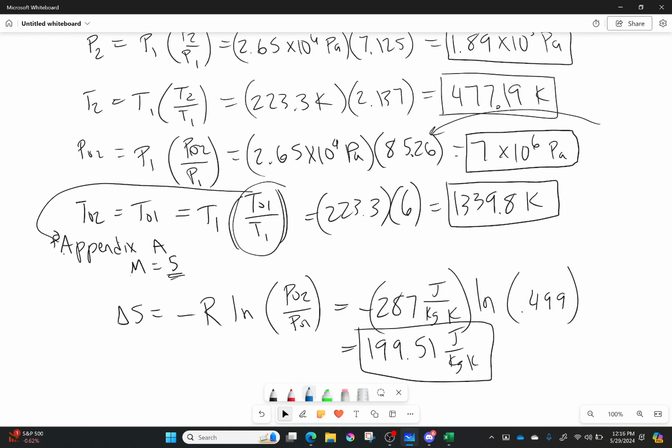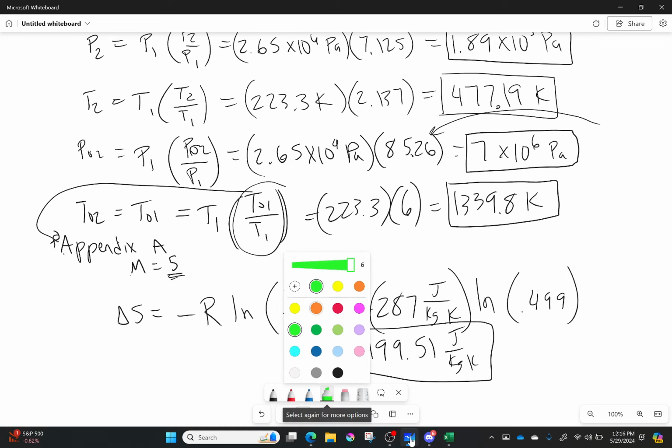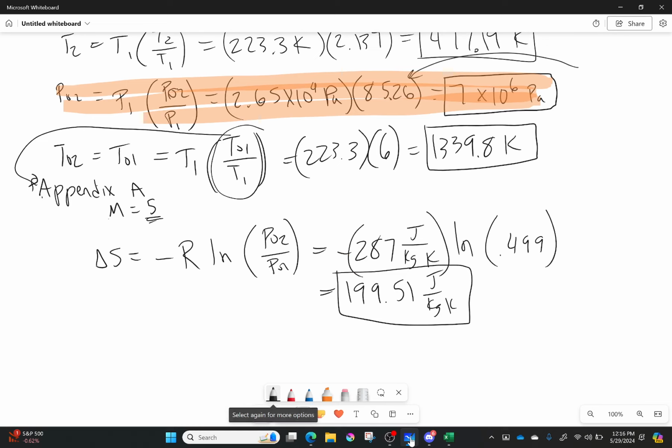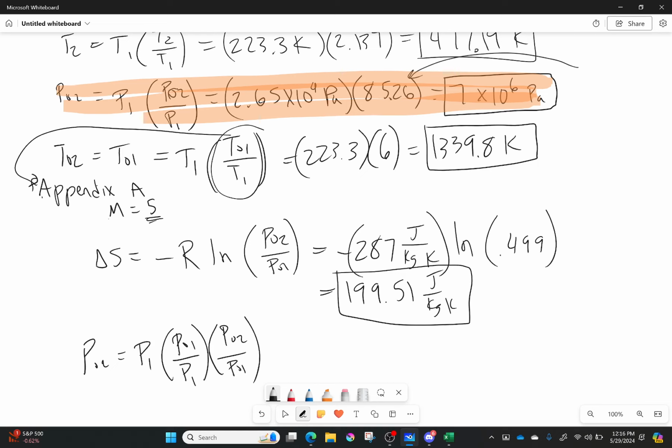Let's try this out. I'm checking this to see if it comes out with the same answer, because that number I just pulled from the solution. I didn't actually type it in my calculator, so I'll check that too. P02 is equal to P1 times P01 over P1 times P02 over P01.